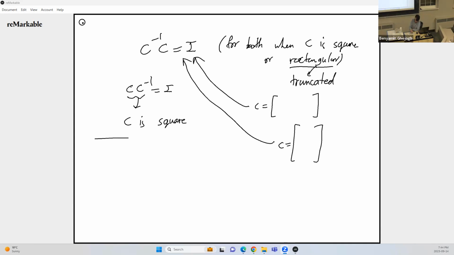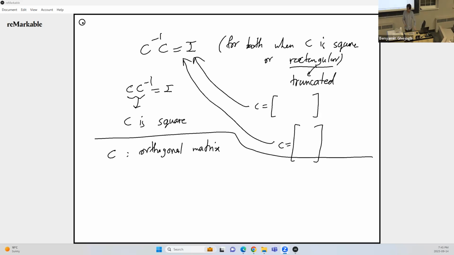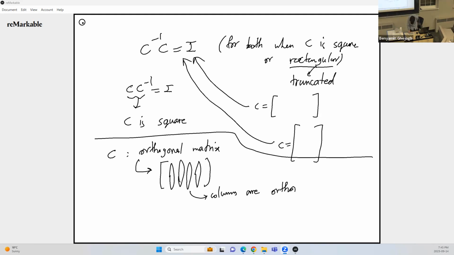Another thing. If C is an orthogonal matrix, what is an orthogonal matrix? Nothing complicated. These are very simple. Just try to understand them and you will see they are very simple. An orthogonal matrix is one whose columns are orthonormal. What is orthonormal?